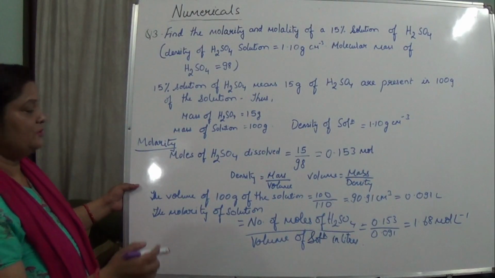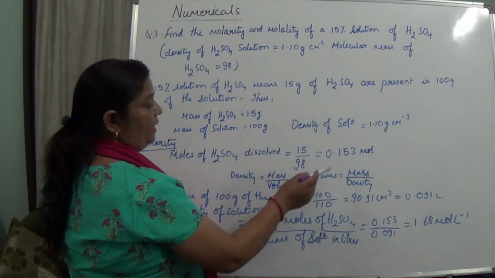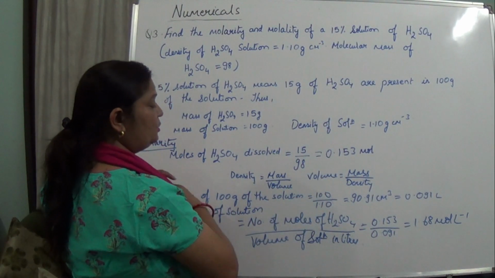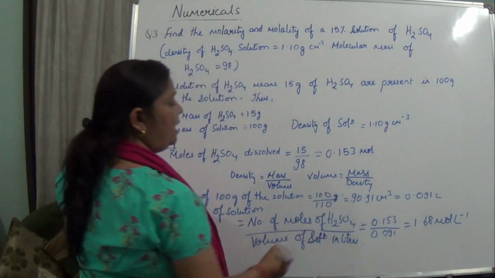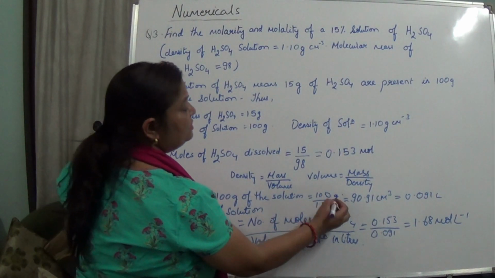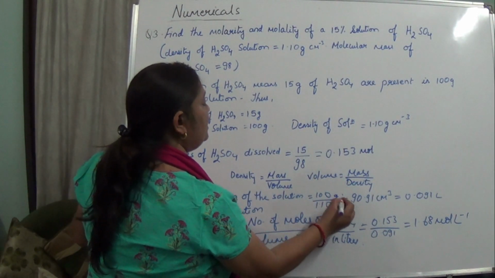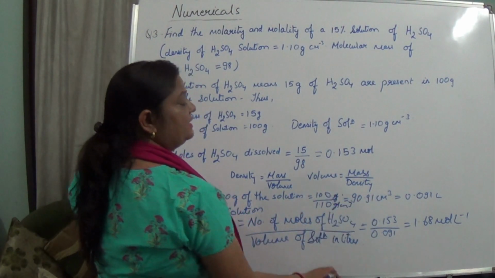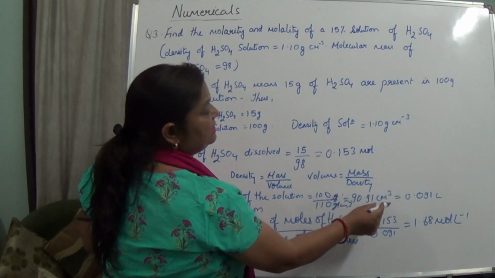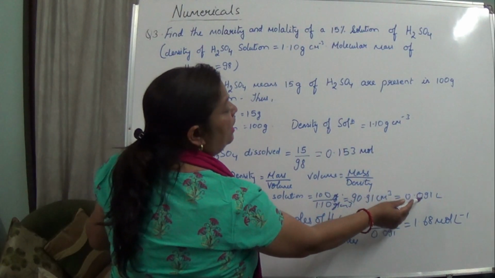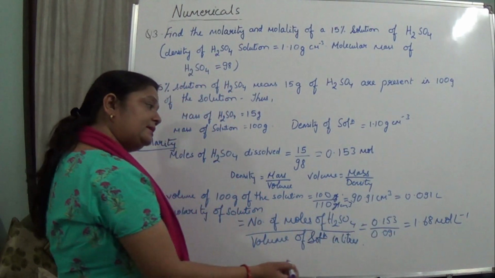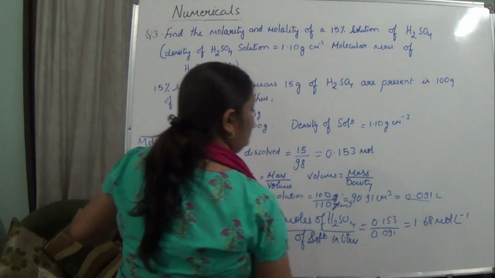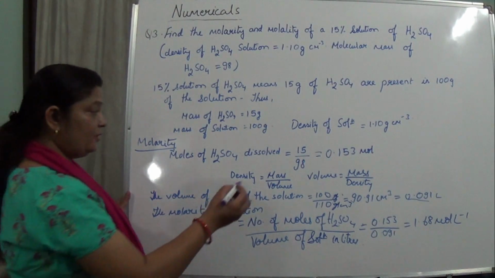Mass is 100 grams, density is 1.10 gram per centimeter cube. Gram and gram cancel and it becomes 90.91 centimeter cube, and that is equal to 0.091 liters, isn't it?